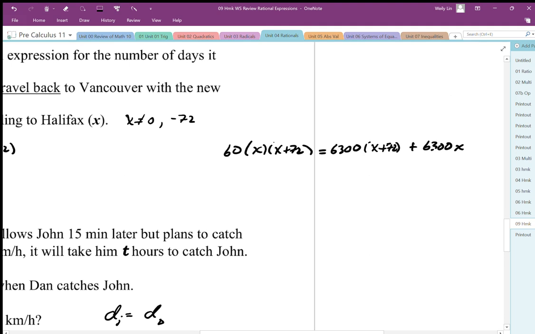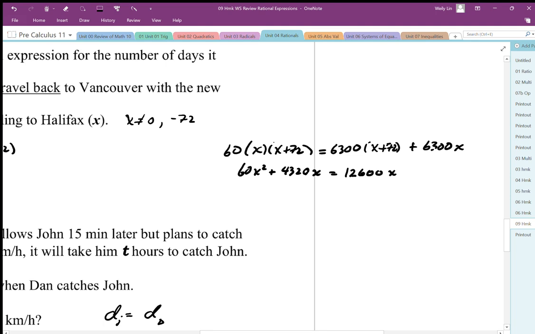I'm going to solve that equation. I'm going to expand that out. So in this case, I'm going to end up with 60x squared plus 60 times 72 times x. So 60 times 72 is going to give me 4320x. And on this side, we're going to end up with 6,300x plus 6,300x is 12,600x.